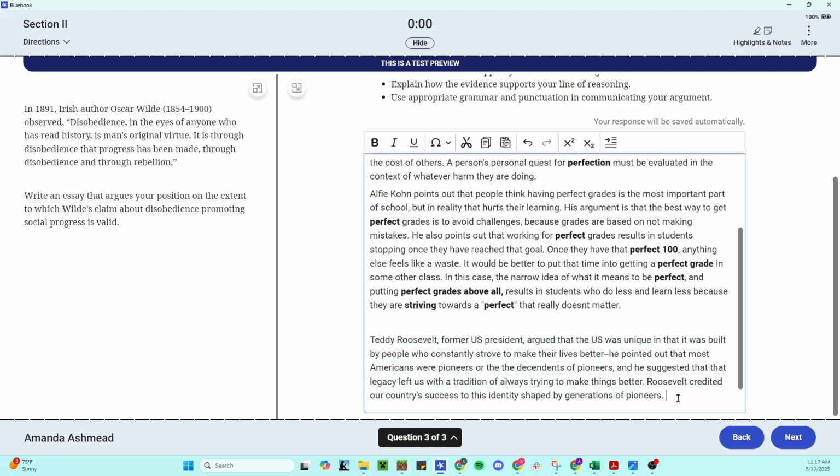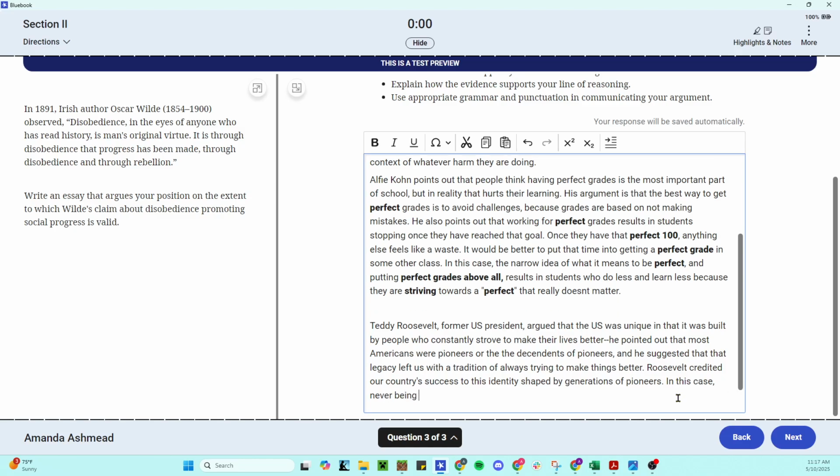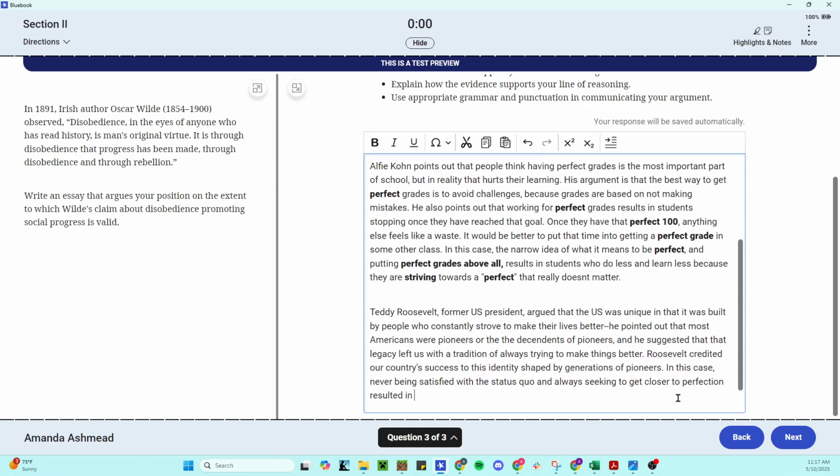And now I've got to connect it to perfection. In this case, never being satisfied with the status quo and always seeking to get closer to perfection resulted in a stronger country that became a world superpower.